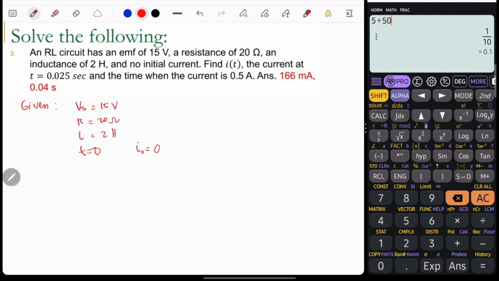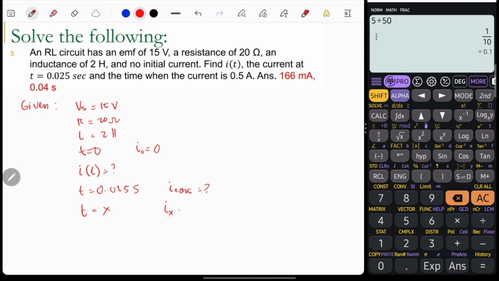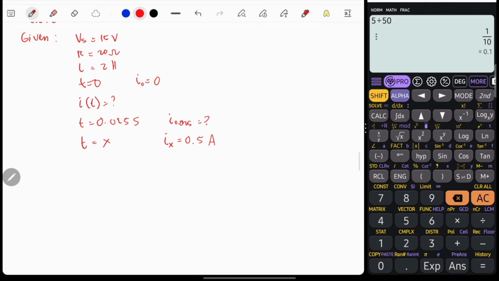Find I of T. I of T is missing: the current at 0.025 seconds, so I at 0.025 is missing. The time is missing, so the current is 0.5 amperes.